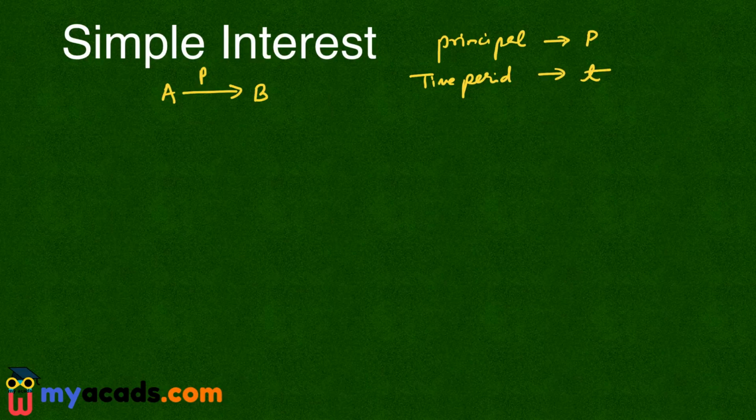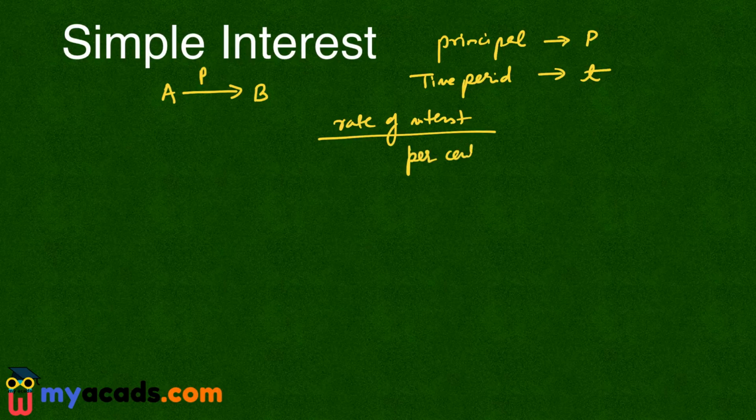Now we'll understand the concept of rate of interest. Rate of interest is given in percent per annum basis. Annum means year.